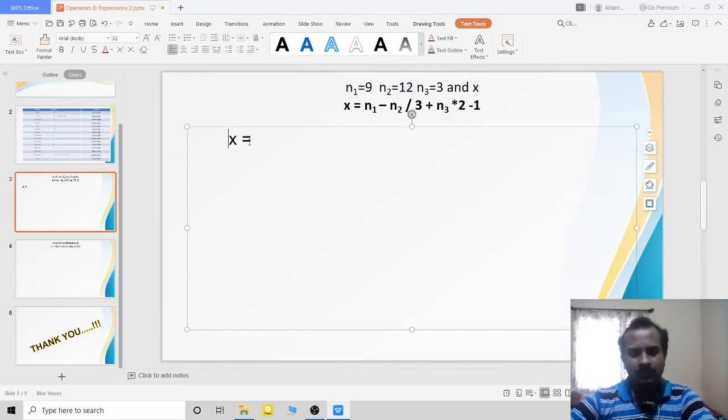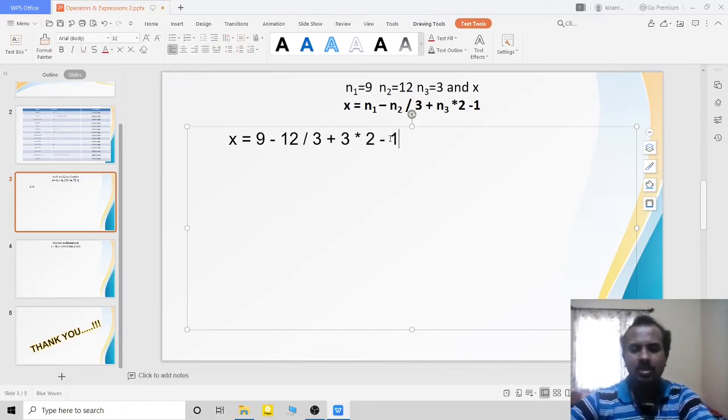So let me write the values here: n1 is 9, so 9 minus n2 is 12, divided by 3, plus n3 is 3, multiplied by 2, then minus 1.